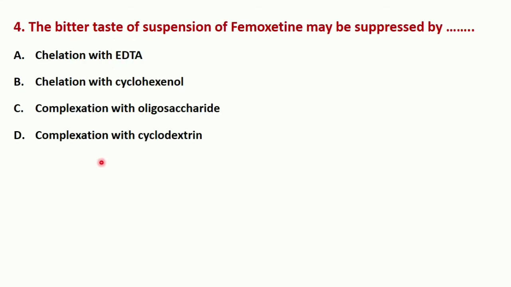And next question, the bitter taste of a suspension of femoxetine may be suppressed by. So for femoxetine, the bitter taste in the suspension form is completely suppressed by which mechanism? Either by chelation with EDTA, chelation with cyclohexanol, complexation with oligosaccharide, or complexation with cyclodextrin.